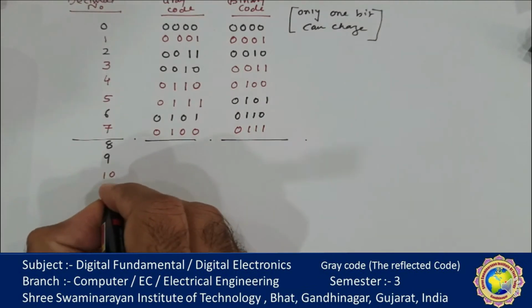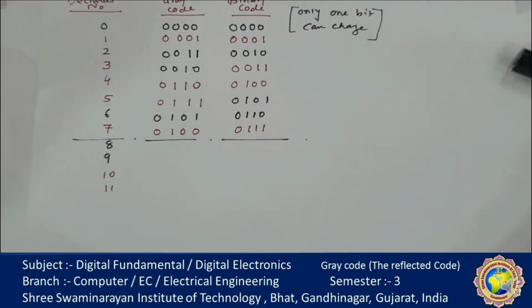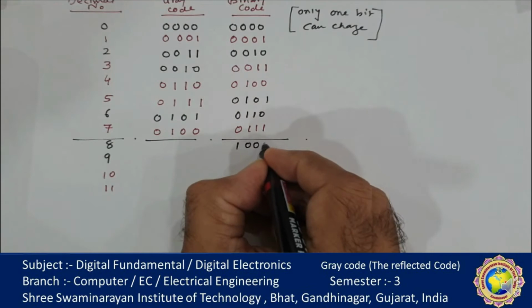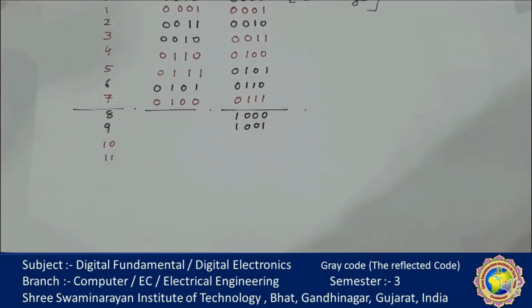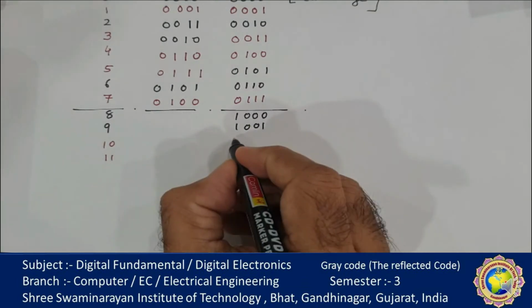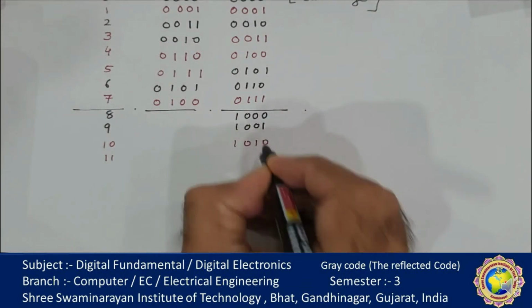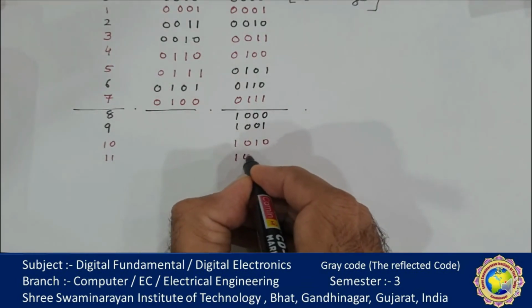8, 9, 10, 11. So 8 is equivalent to 1, 0, 0, 0 in binary, 9 is 1, 0, 0, 1, and 10 is 1, 0, 1, 0, and 11 is 1, 0, 1, 1.